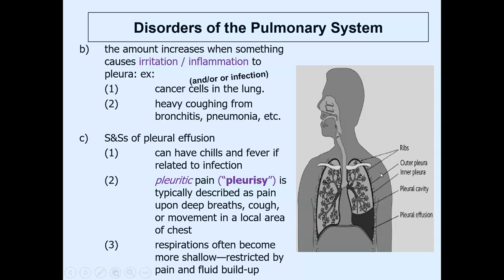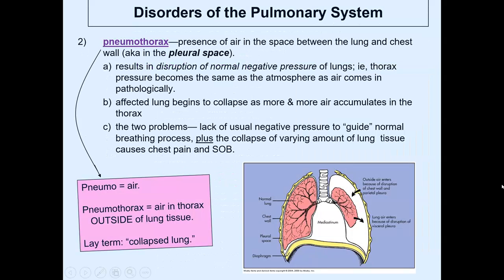I misspoke, but inhalation is going to be painful. As they take a deep breath, it's going to hurt because of that inflamed process, and then they cannot breathe as deep as normal, which is why they don't bring in as much air. The more fluid there is, the more space it takes up, and the less air goes in.